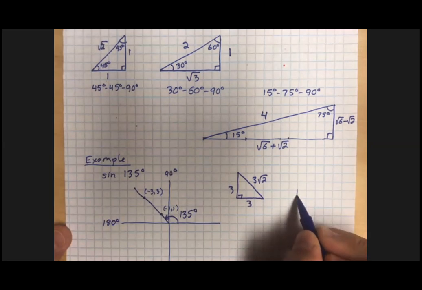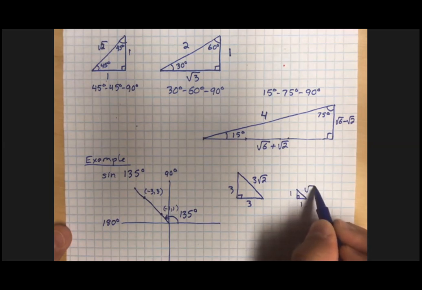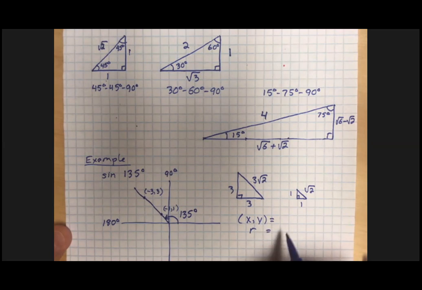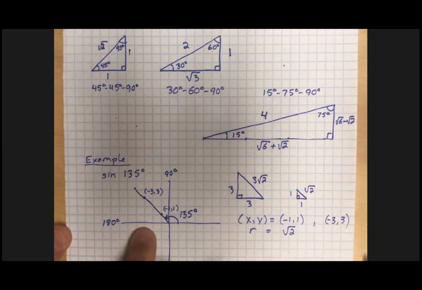If this is 1 and this is 1, it's not that important to draw this to scale, but I'll try. Then this is 1 times the square root of 2. So now you know that X, Y, and R are given. The R is √2 if the X and Y are -1 and 1. Or if the X and Y are -3 and 3. Notice that the X has to be negative because I'm going in the negative direction.